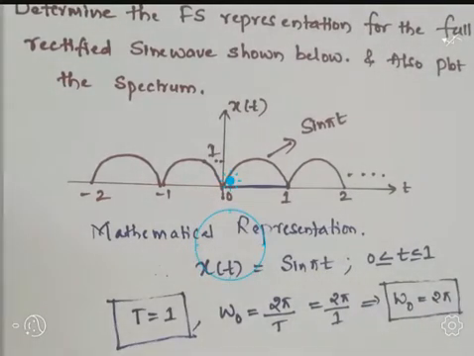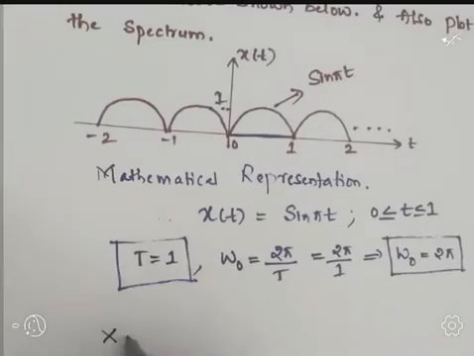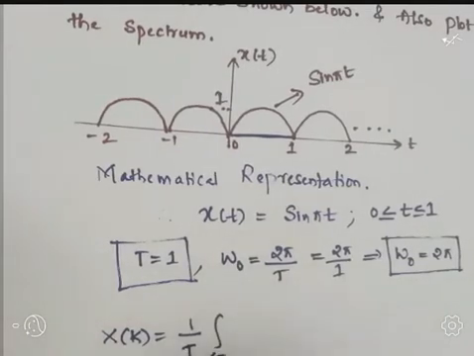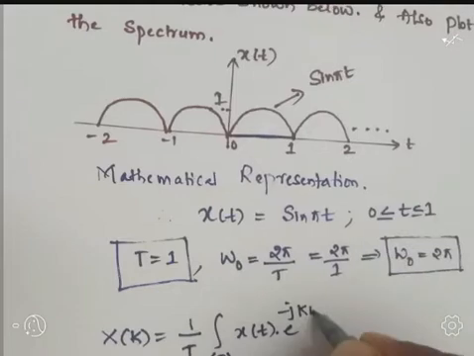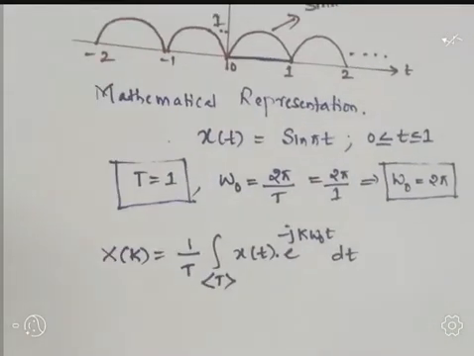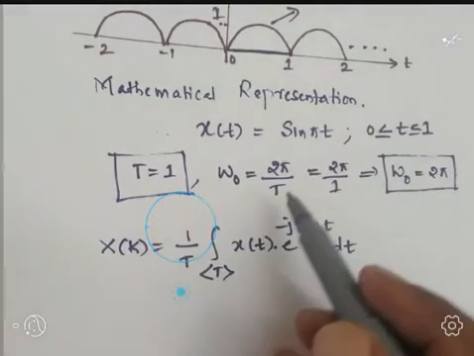Now, next we have to find the Fourier series coefficient. For that, I will write the formula. X of k is equal to 1 by T integration over the fundamental period T of x of t e to the power minus j k omega naught t dt. This is the formula. Now in this formula, I am going to substitute the value of fundamental period T as well as duration, that is 0 to 1.